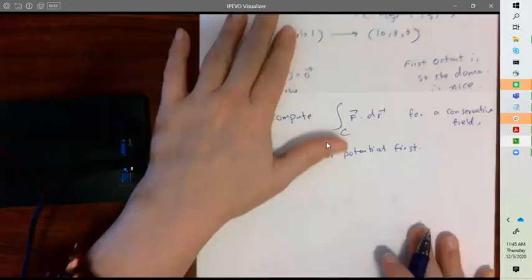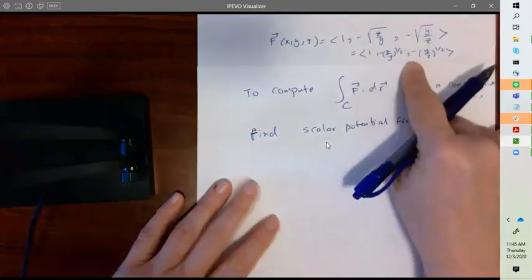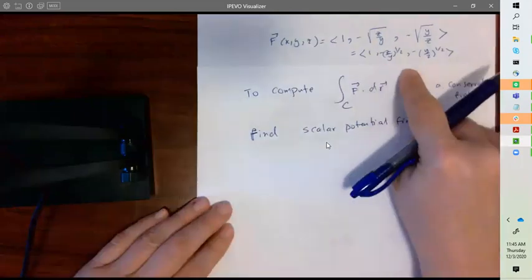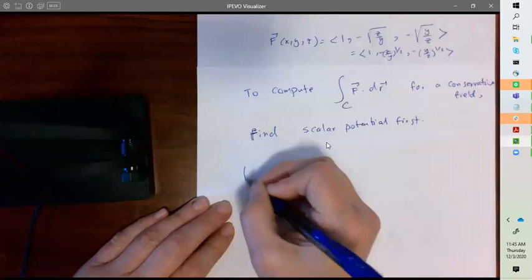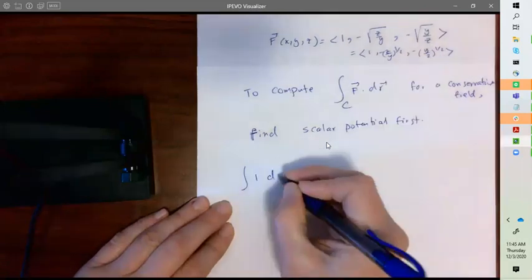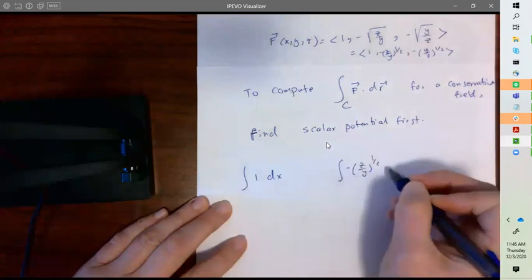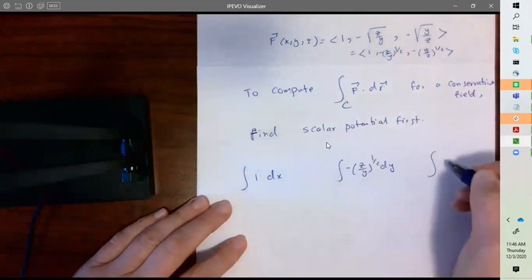Let's go back to F. F is that. And so how do I find the scalar potential? To find the scalar potential, integrate the first component with respect to x, integrate the second component with respect to y, integrate the third component with respect to z.